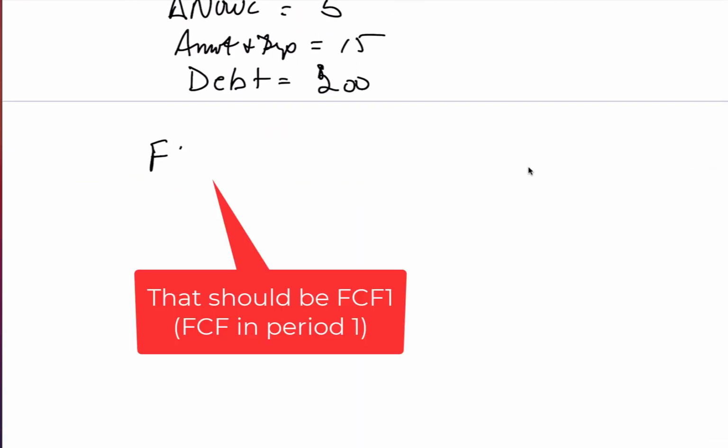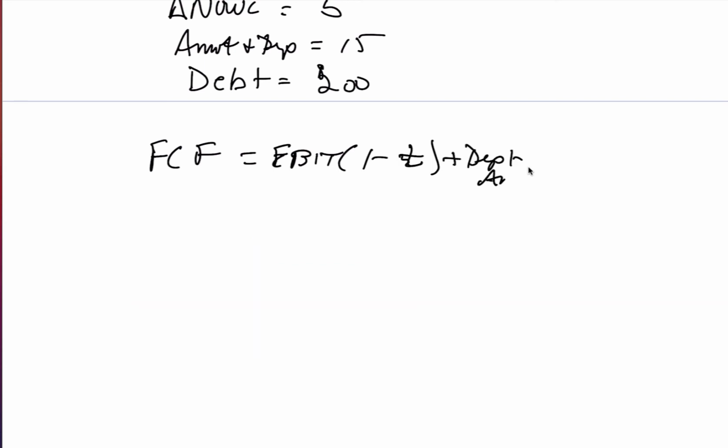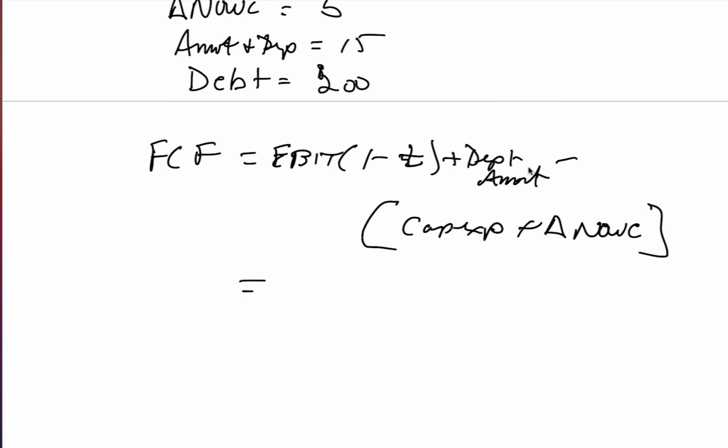First off, free cash flow is equal to EBIT times (1 minus T), plus depreciation and amortization, minus CapEx, minus the change in net operating working capital. As I say in class, it's a plug and chug problem.